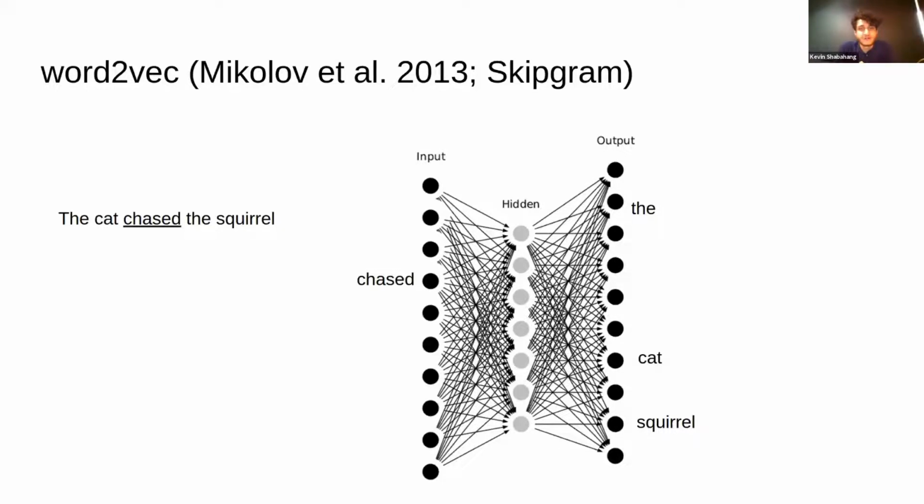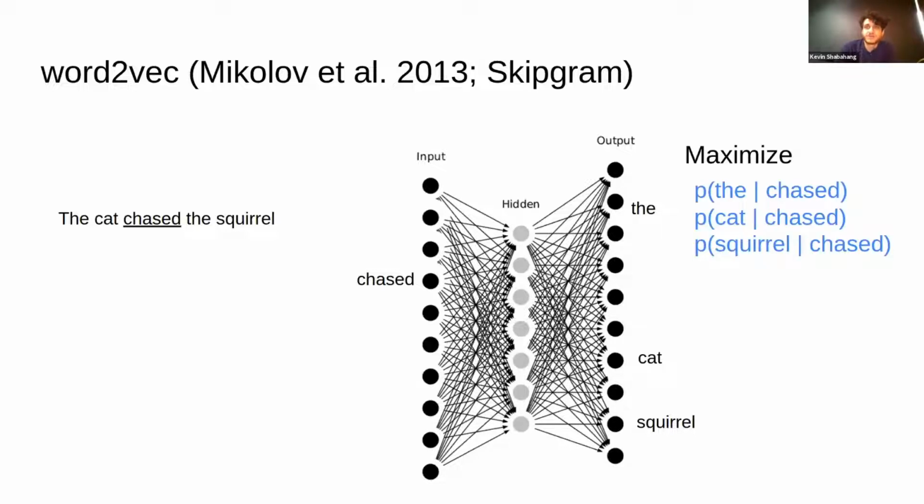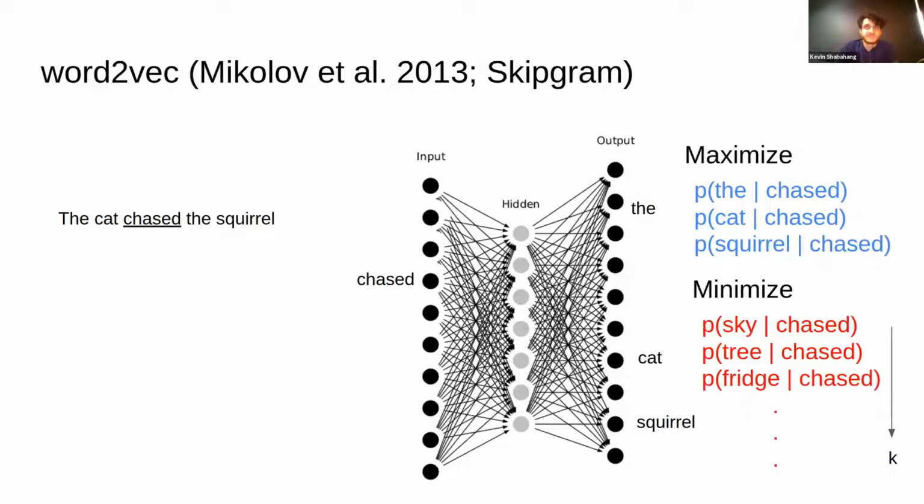So for example, if the target is chased and the contexts are the cat and squirrel, the system is trained to maximize the conditional probability of each of those context words given the target word. Furthermore, the system is also simultaneously minimizing the conditional probability of a set of randomly sampled context words given the same target word. And so the system simultaneously minimizes and maximizes these two conditional probability sets.